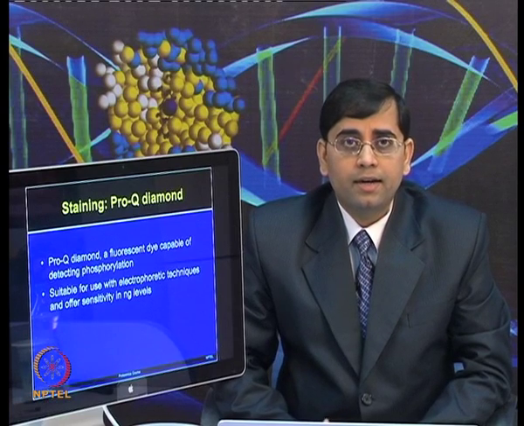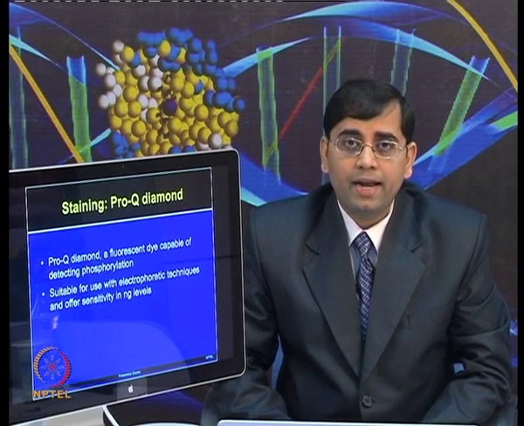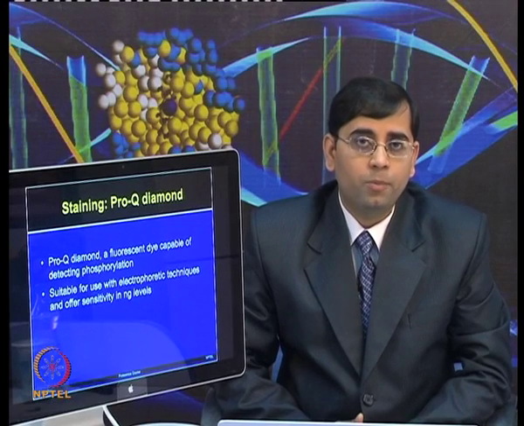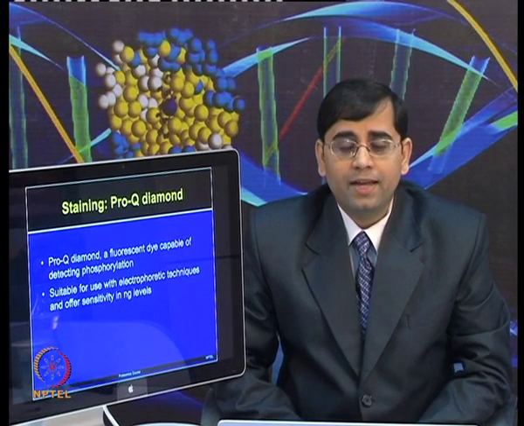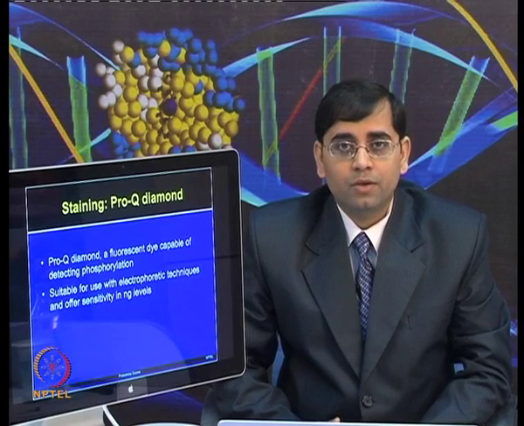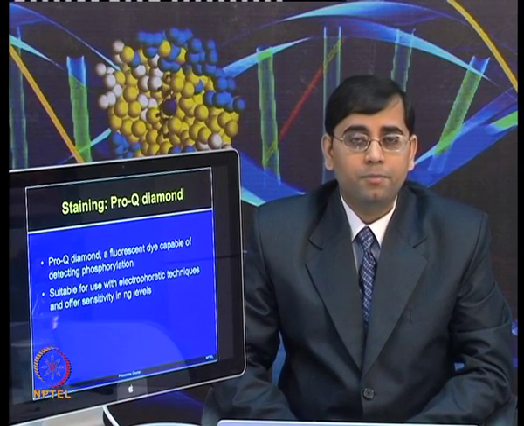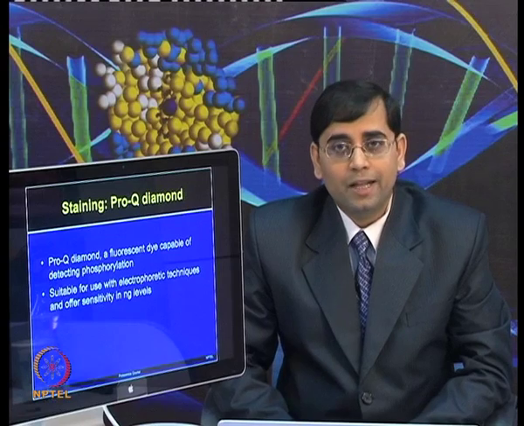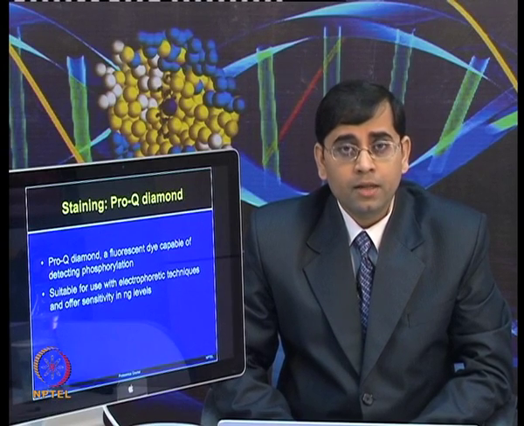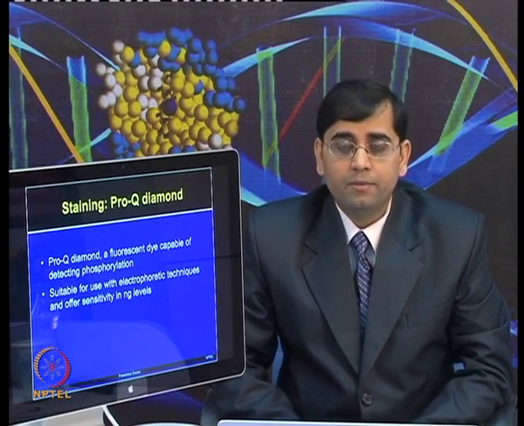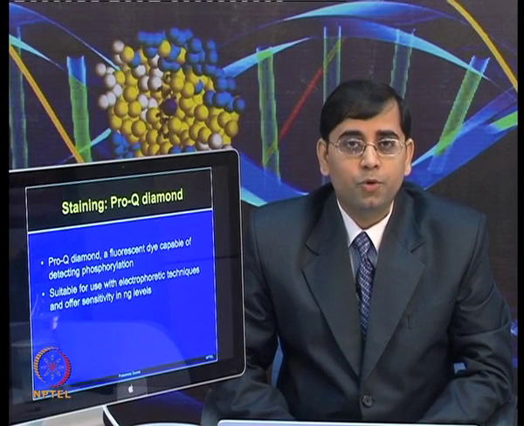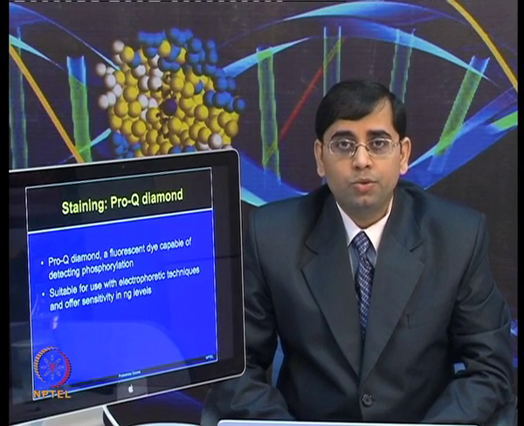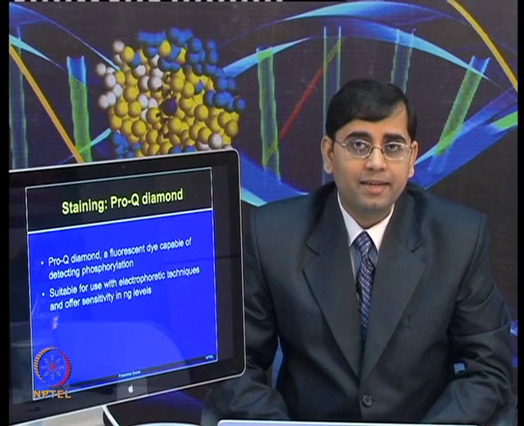Now, let us say you want to look at the post translationally modified forms of the protein, but after that you would also like to know which proteins they belong to. You would like to do mass spectrometry on these. So, often it becomes very difficult if you have just done the Pro-Q Diamond on one gel. So, you would like to do the dual staining.